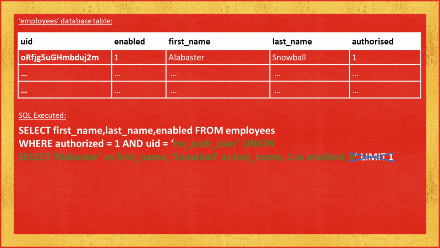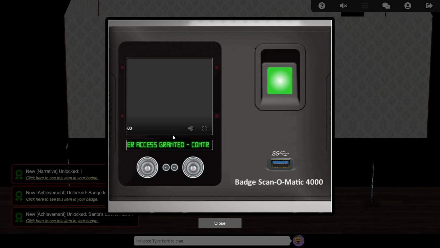So all this means that anything past the hash is not executed, and specifying a non-existent user ID also means that, although this is executed, it should always return an empty set, making this query effectively return the data we hard-coded into the union statement. We create a badge with the necessary information, and we're in.